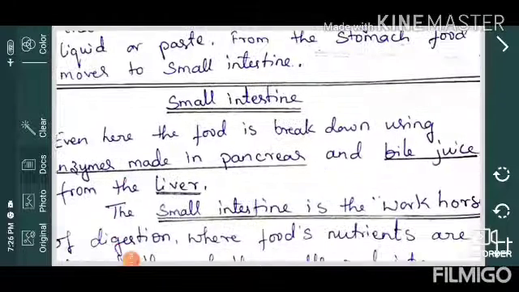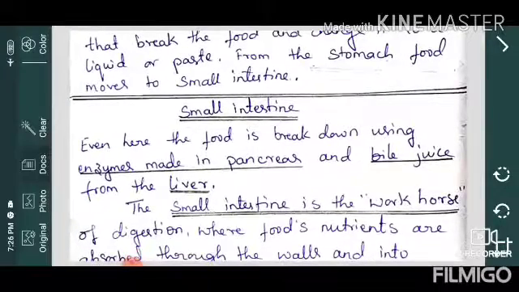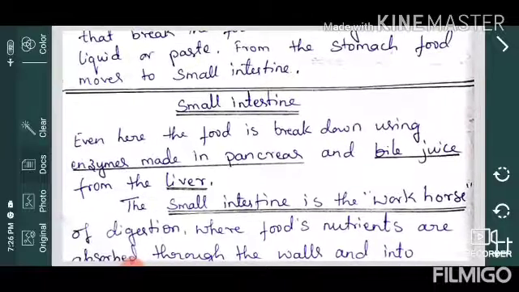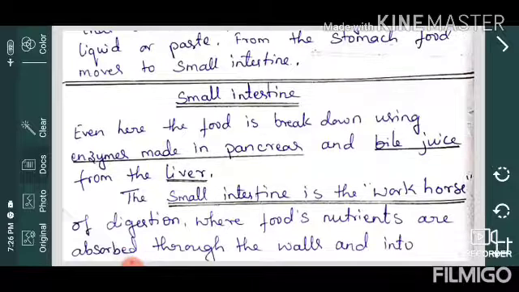Even here, the food is broken down into small parts using the enzymes made in the pancreas and the bile juice from the liver, which joins into the small intestine. The small intestine is also called the workhorse of digestion, where food's nutrients are absorbed through the walls.